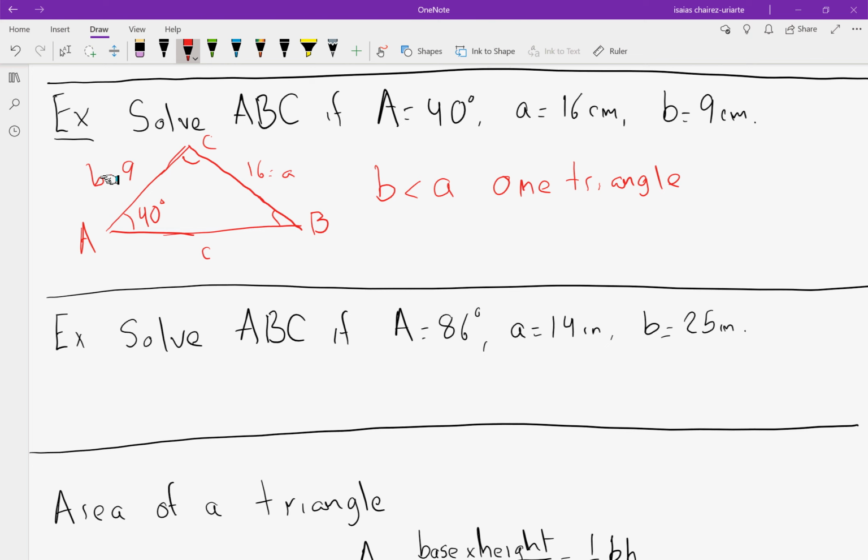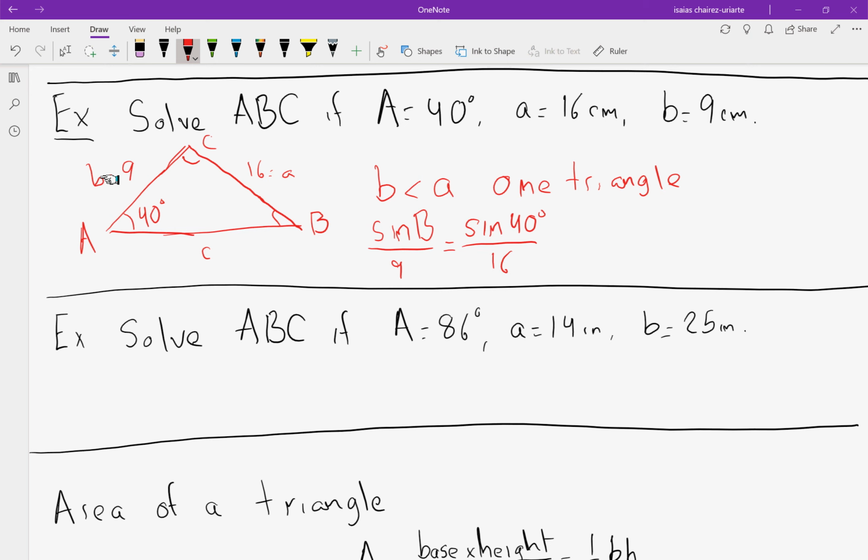I hope you agree that the first thing you're going to have to do is find angle B. You're going to have to say sine of B over 9 is equal to sine of 40 over 16, and you're going to have to solve for B.